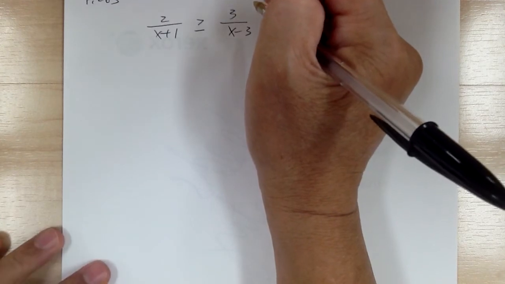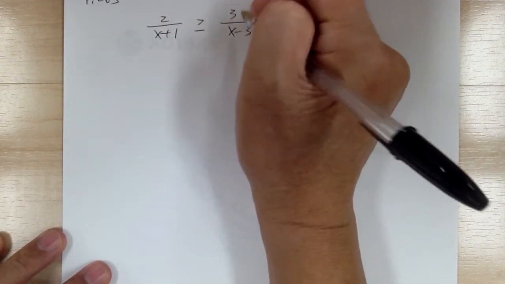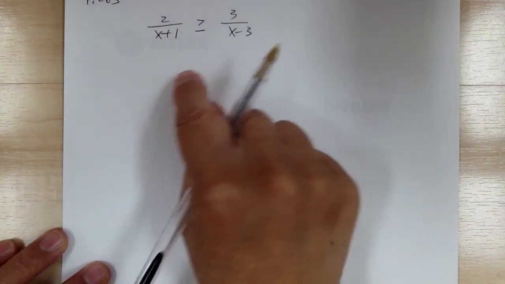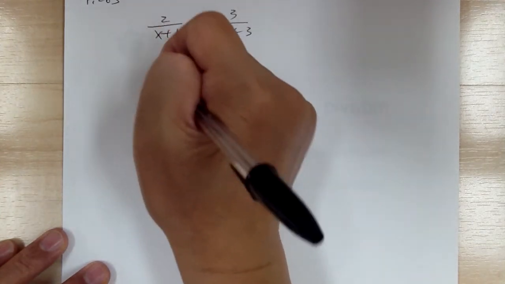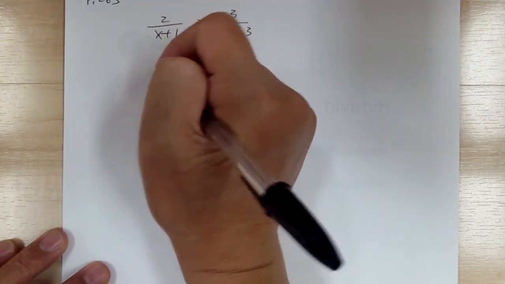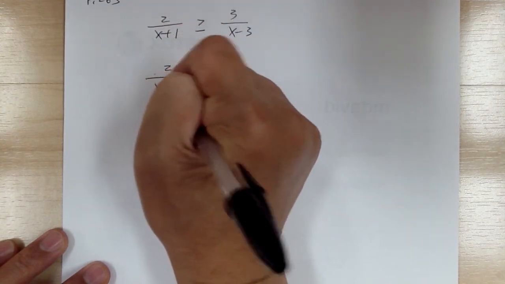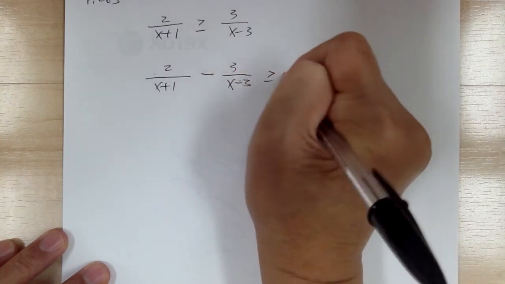In this case, you have to be careful about cross multiplying. For one thing, you don't know if it's positive or negative. So what you want to do is make the right-hand side equal to 0 and treat this like factors. So move this to this side. So you've got 2 over x plus 1 minus 3 over x minus 3 is greater than or equal to 0.